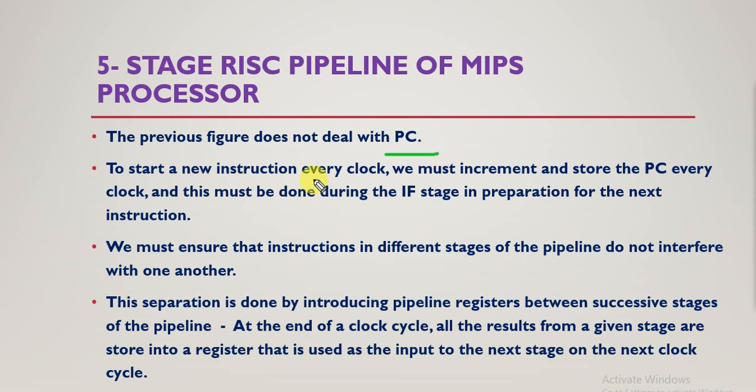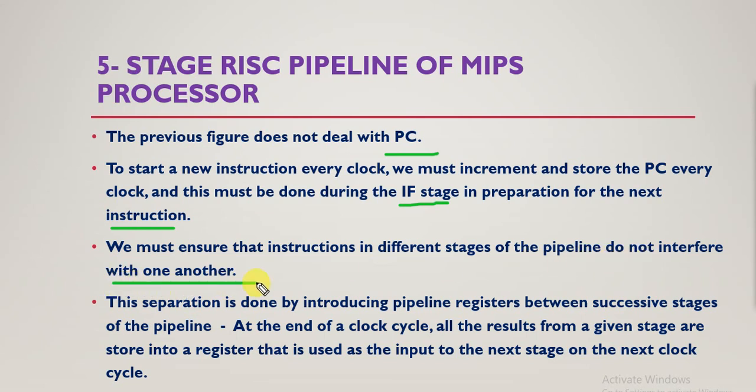To start a new instruction every clock, we must increment and store the PC every clock, and this must be done during the instruction fetch stage in preparation for the next instruction. So it is not specifically mentioned in the previous diagram. And also we must ensure that instructions in different stages of the pipeline do not interfere with one another.